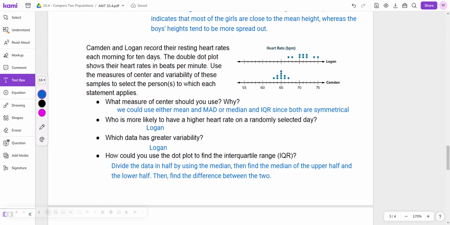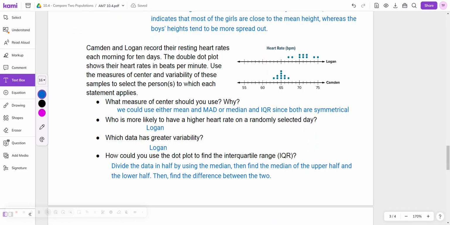Who is more likely to have a higher heart rate on a randomly selected day? Well, that would be Logan, because as you can see, the dots fall farther to the right. Which data has greater variability? Obviously Logan, because the data is much more spread out. It goes from 67 to 75, so that's a difference of 8 beats per minute.